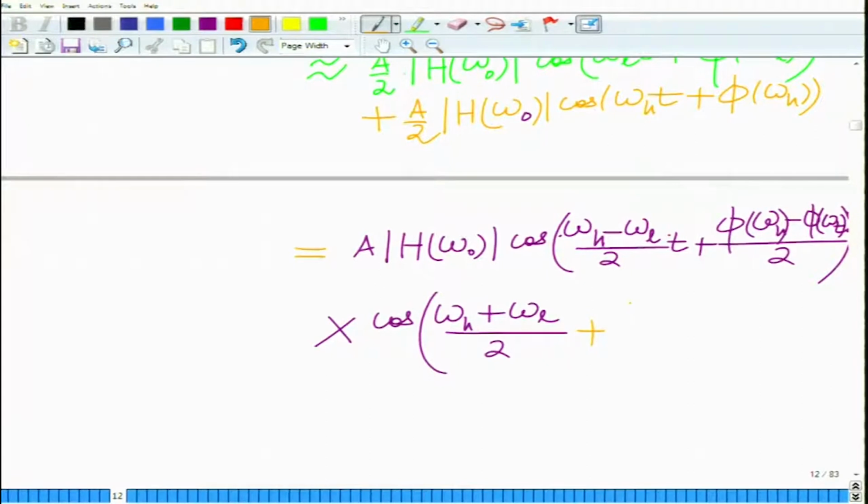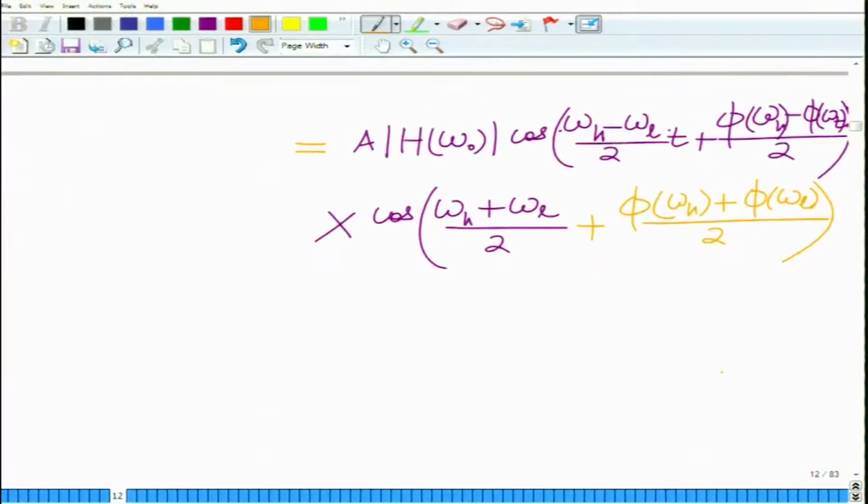This is because cos A plus cos B is twice cos of (A minus B) by 2 times cos of (A plus B) by 2.